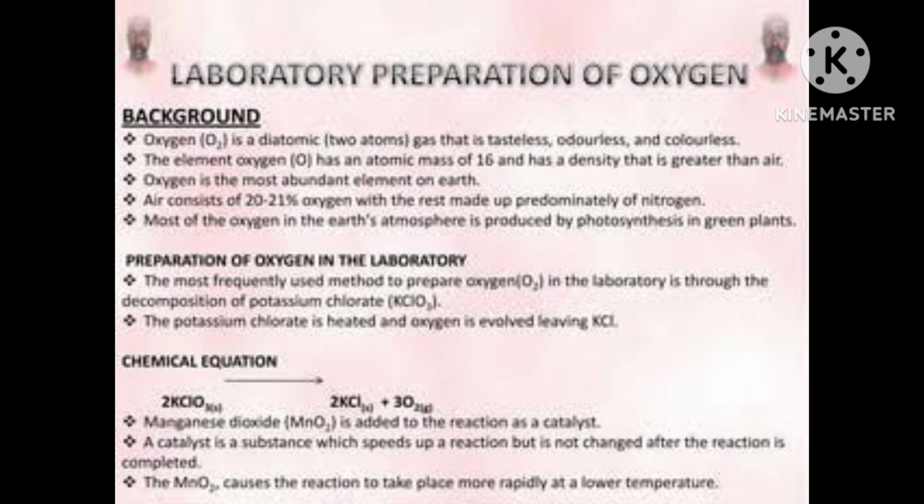Oxygen atom has 3 stable isotopes: oxygen 16, oxygen 17 and oxygen 18. Molecular oxygen, O2, is unique in being paramagnetic.